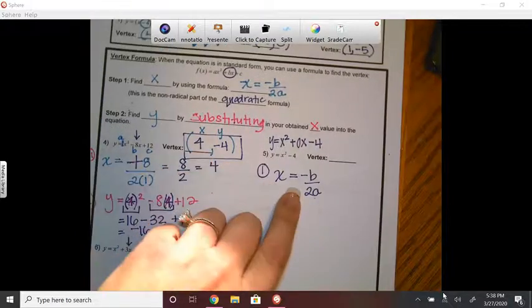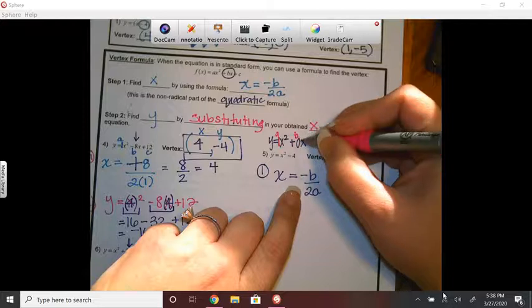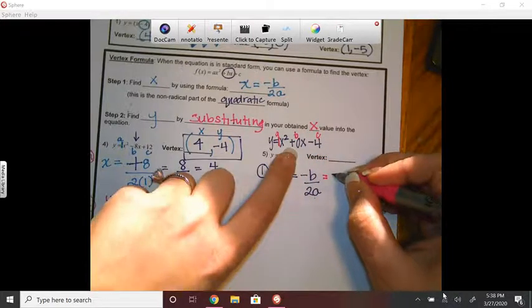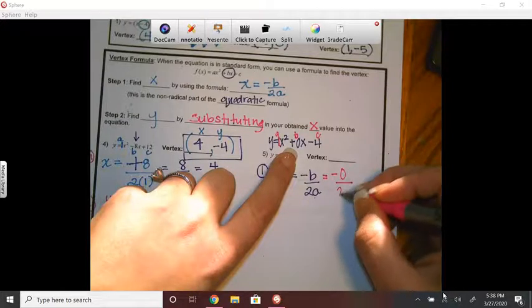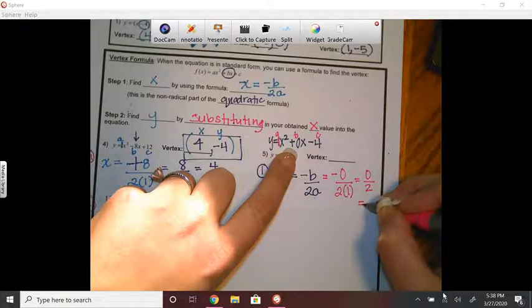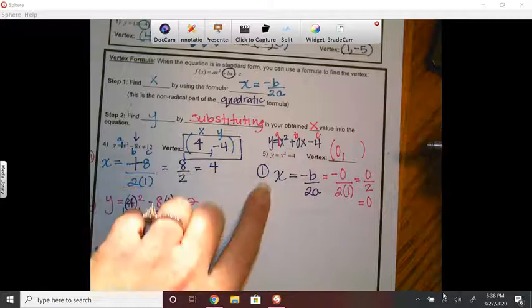So a is the number in front of the x squared, b is always the number in front of x, and c is the constant. So when I plug in, b is 0 and a is 1, and we get 0 divided by 2, which is 0. So we just found that the vertex x value is 0.